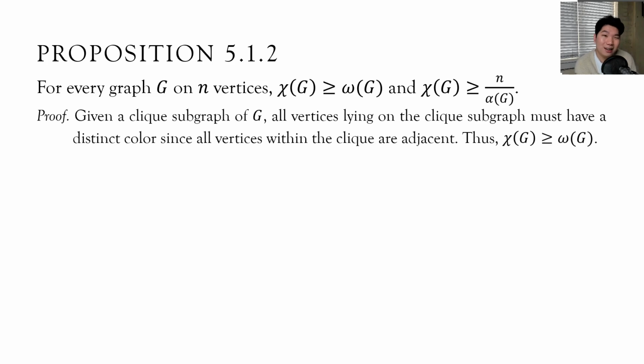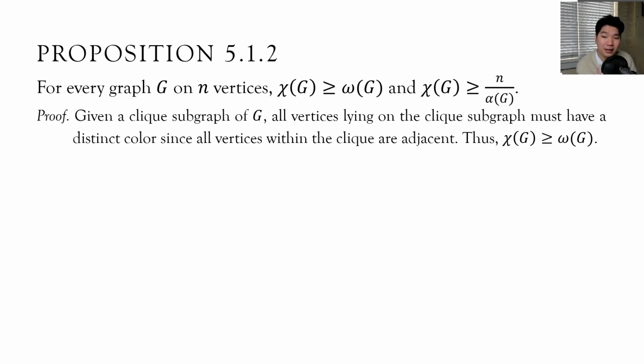If I have a clique subgraph, that is a complete graph that is a subgraph of G, remember what it means to be a clique or a complete graph. That means in that subgraph, all of my vertices are connected to each other. So if I try to do a coloring of that clique subgraph, each vertex has to have a distinct color.